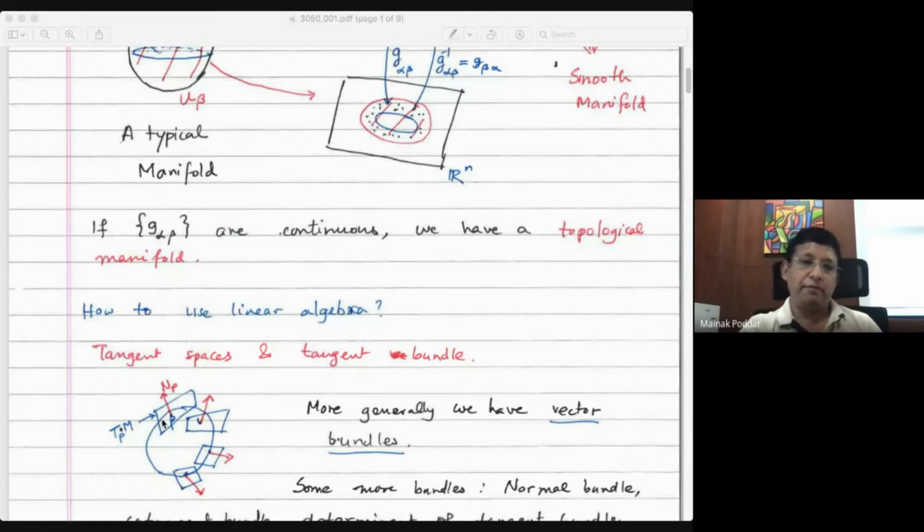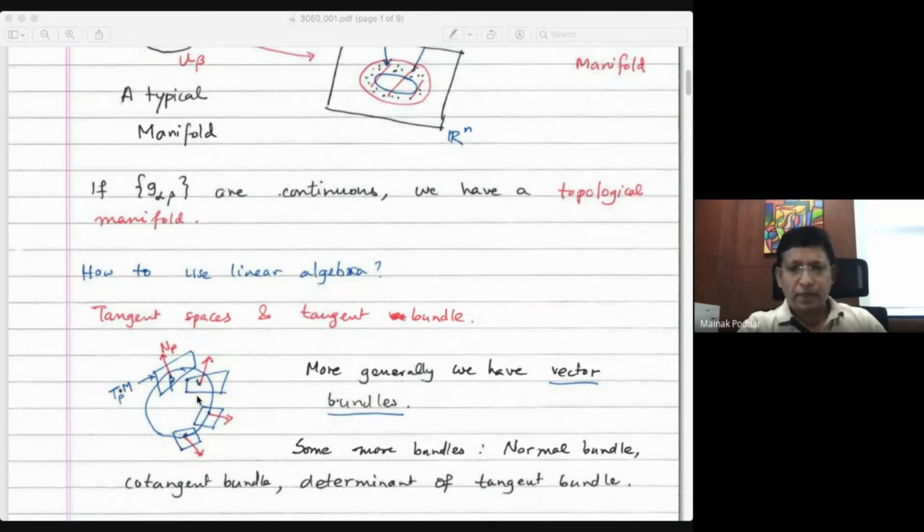If you have a manifold embedded in some Rn, then tangent spaces can be thought of as the spaces that approximate the manifold best at some given point, right? So for tangent spaces, we already have some smooth structure. You need smoothness. You can't do it for continuous or topological manifolds.